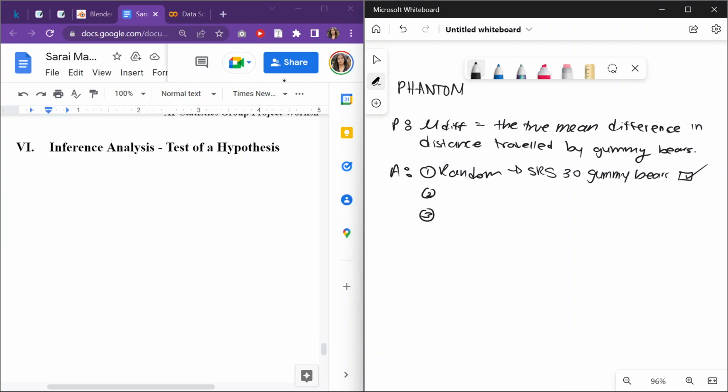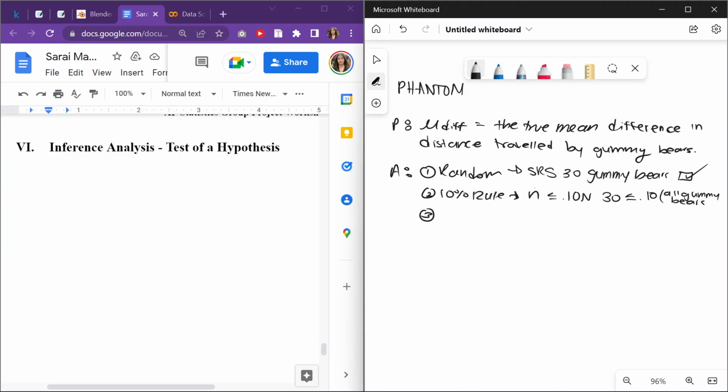The second one is independence, the 10% rule, and this is when the sample size is less than or equal to 10% of the population. We know that n is 30 because that's the sample size, and we know that that is reasonably less than 10% of all gummy bears, because that's the population.